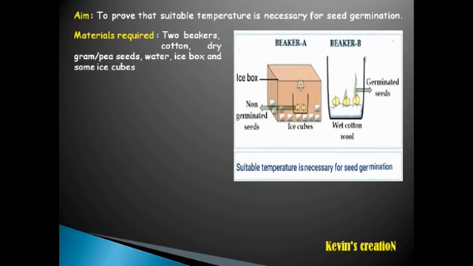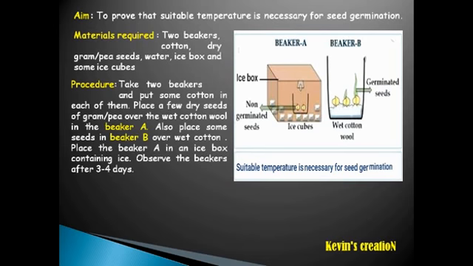Here you can see we have taken 2 beakers and labeled them as beaker A and beaker B. Put some cotton in each of them. Now place a few seeds of gram or pea over the wet cotton wool in beaker A.